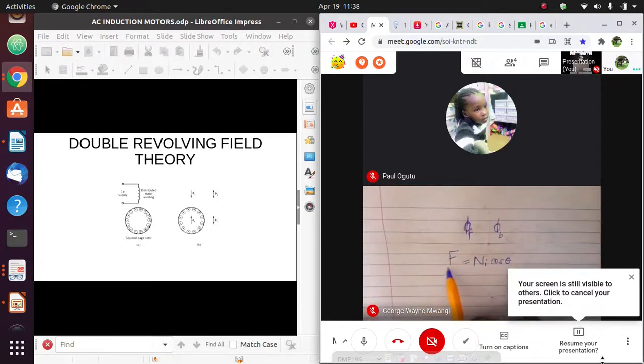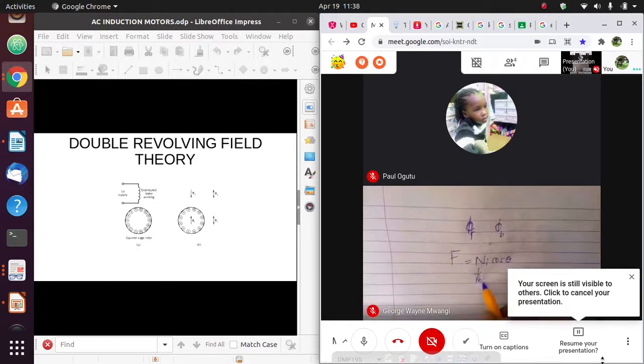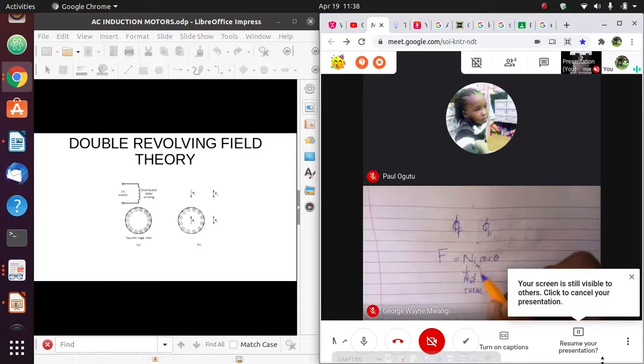The magnetic force being produced by the stator can be represented by this, where N is the number of turns and i is the instantaneous current, the current at that particular point, the current at that certain angle theta.